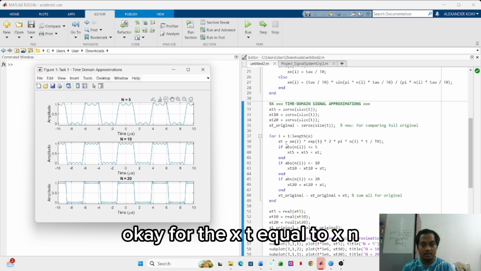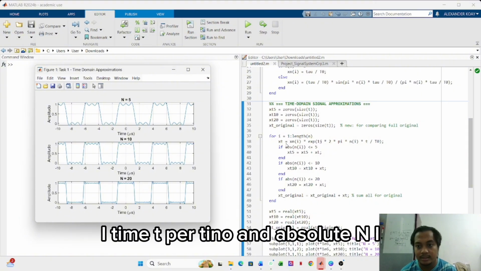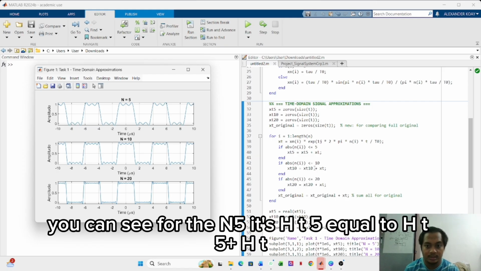Okay, x of t equals Sn times exponent of 1j times 2 pi times n times t over T0, and absolute n for accuracy.